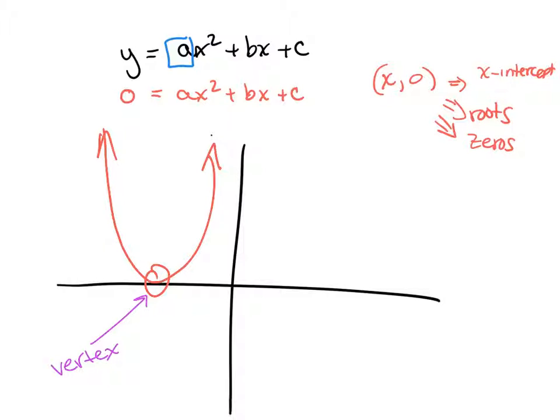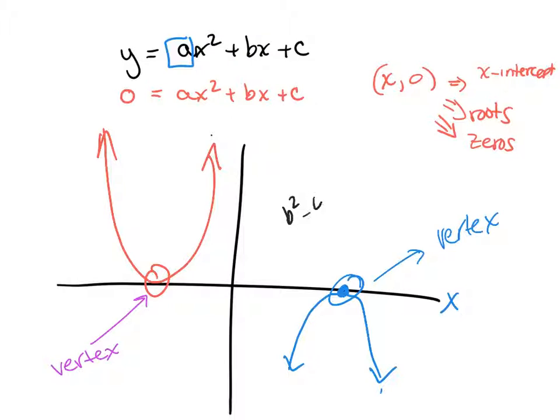Similarly, if I have a parabola that opened downward and it crossed the x-axis at one point, it would mean that the vertex is that one solution. And the discriminant, which remember is the b squared minus 4ac, the inside of the square root of the quadratic equation, is actually equal to 0, so that when you take the square root of 0, you only get one solution. That's what this represents here.